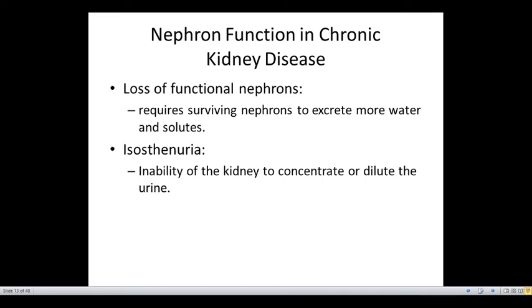One is the loss of functional nephrons, which requires surviving nephrons to excrete more water and solutes. Secondly, is the inability of the kidney to concentrate or dilute the urine, called isostenuria.